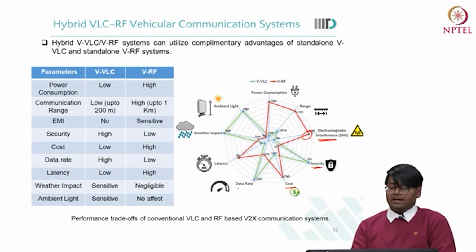Then, as we discussed earlier, vehicular VLC supports high data rate communication. So in terms of providing high data rate, vehicular VLC is far better as compared to vehicular RF.